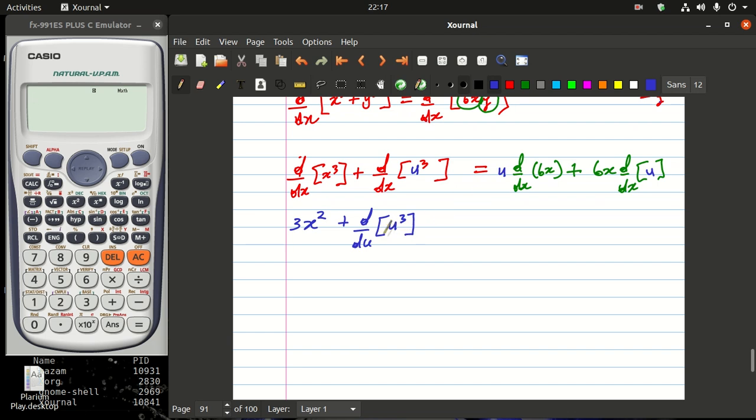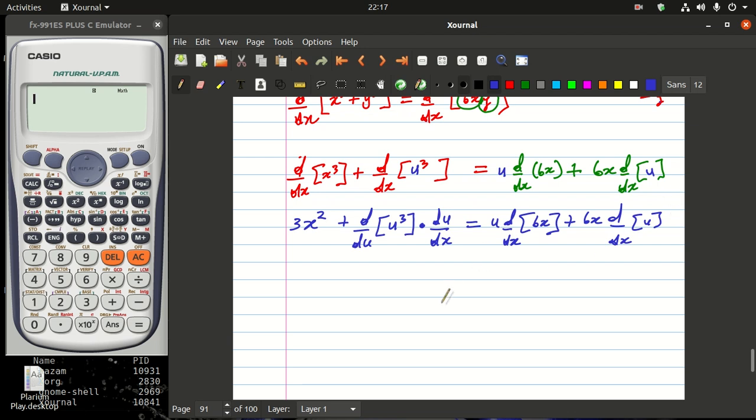But now, because I have this u, which was not part of this, I still have to take the derivative of u with respect to x here. I hope this makes a lot of sense. And still here I have a u, and then dx of 6x, and then plus 6x, and I still have dx of u.